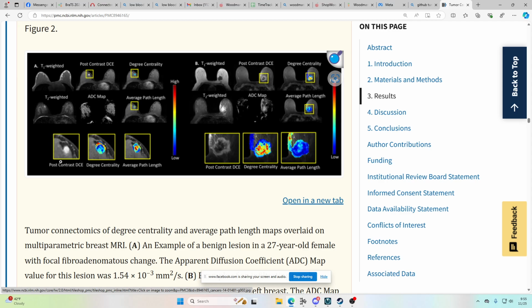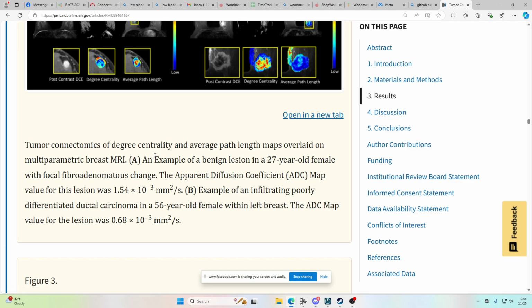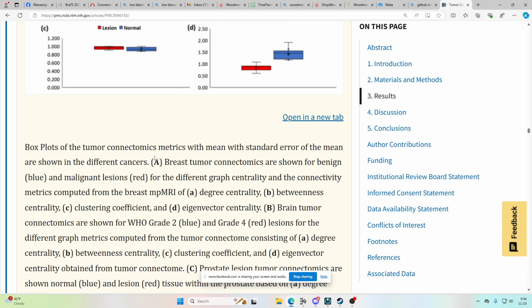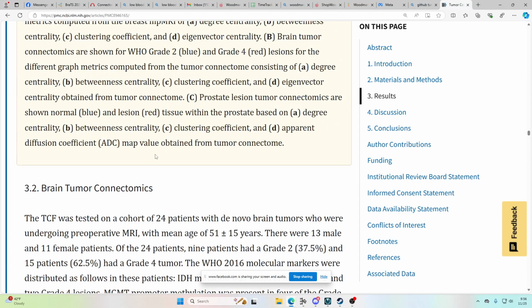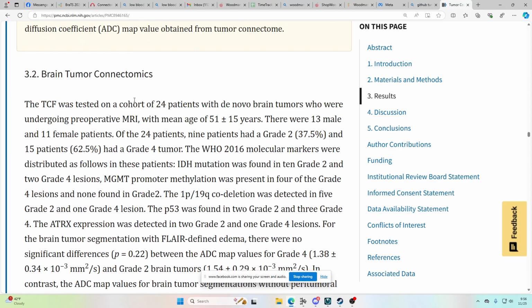So you've got post contrast images, and once they have a connectivity, this is brain tumor connectomics.